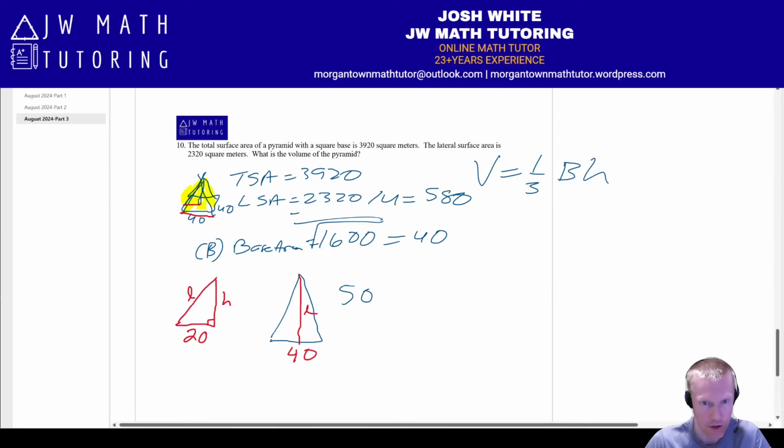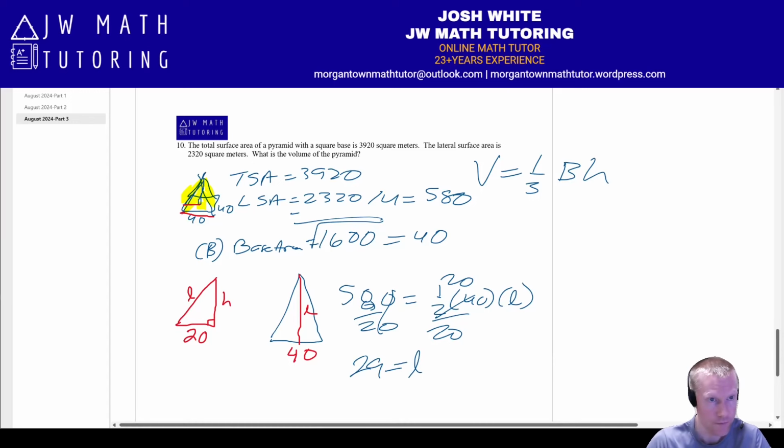So 580 is equal to 1/2 times the base times the height, which is the slant height here. If you solve this out, it's basically divide by 20, divide by 20. The slant height is equal to 29.